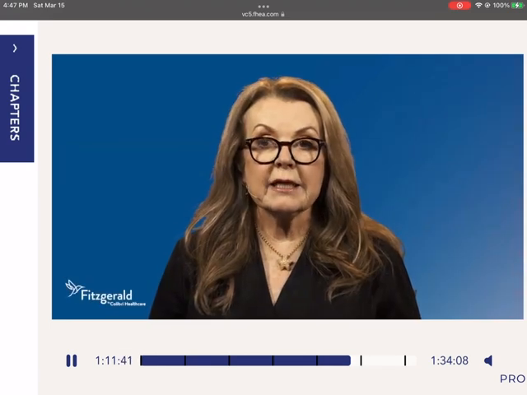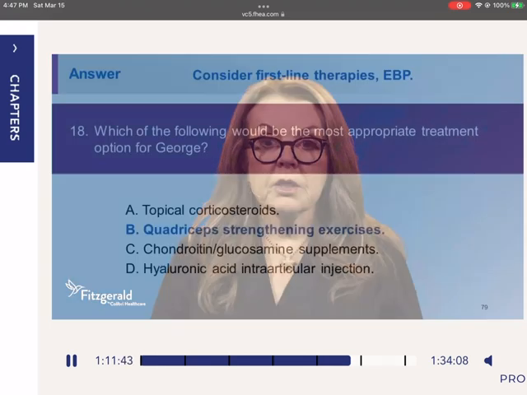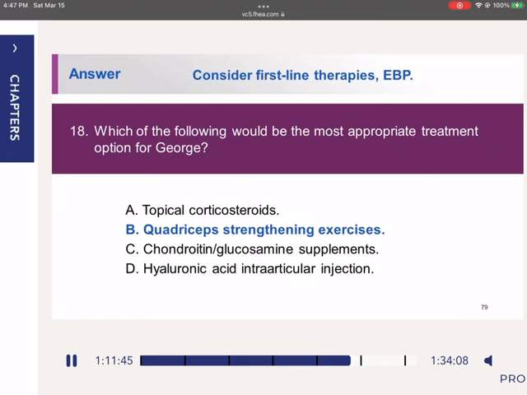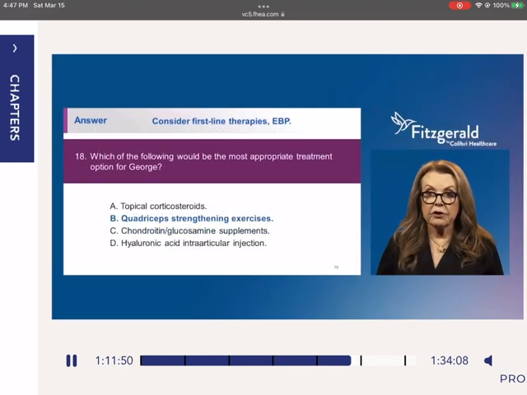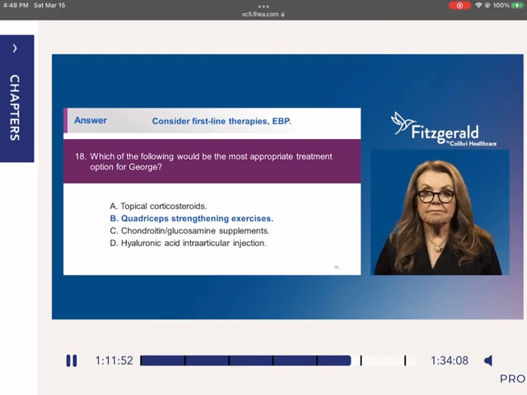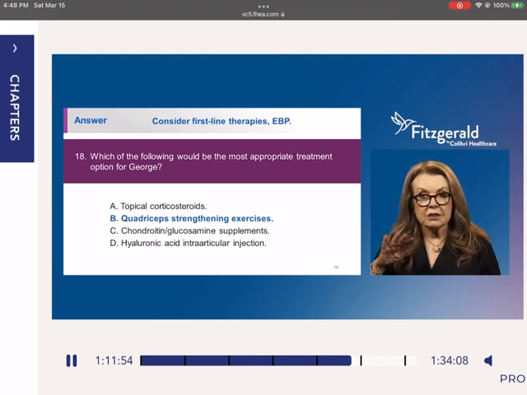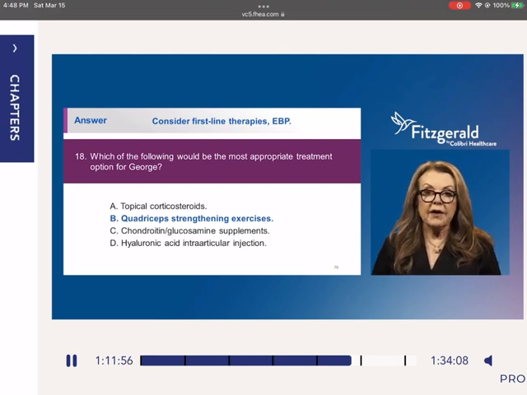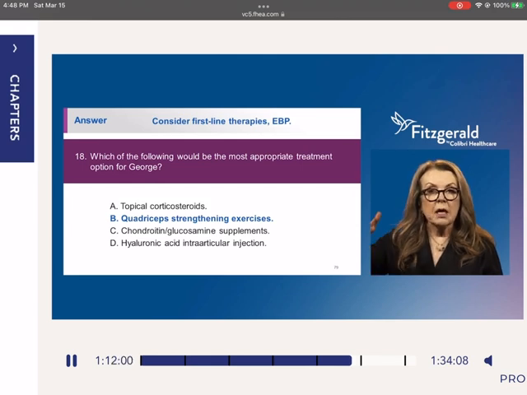When looking at the other choices, chondroitin and glucosamine, I know in some circles you'll hear this advocated as helpful in OA. The orthopedic surgery group says no, it's not helpful, and that the intraarticular injections of hyaluronic acid may be in certain situations, but we always want to go with what's first line.